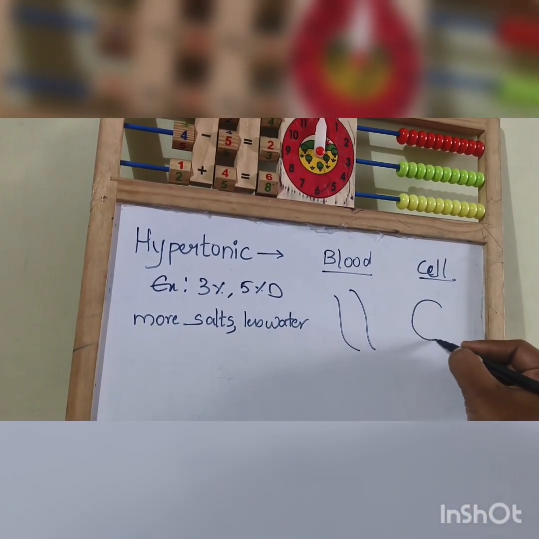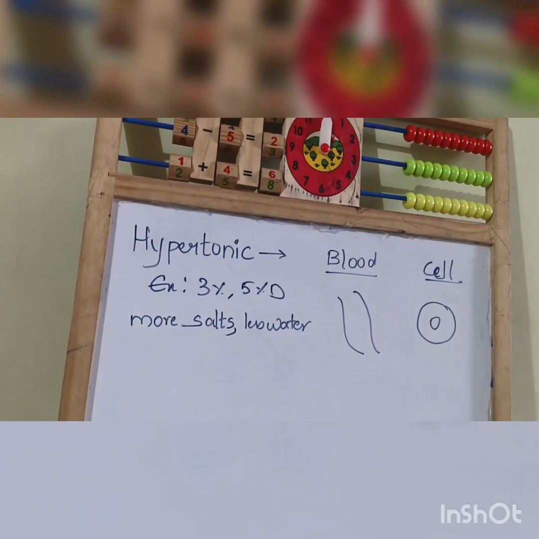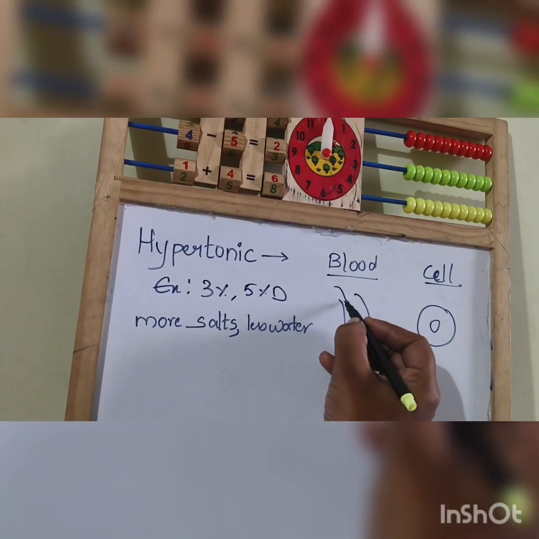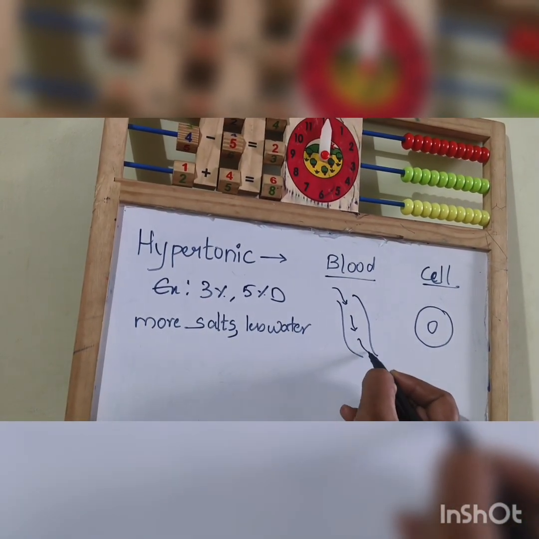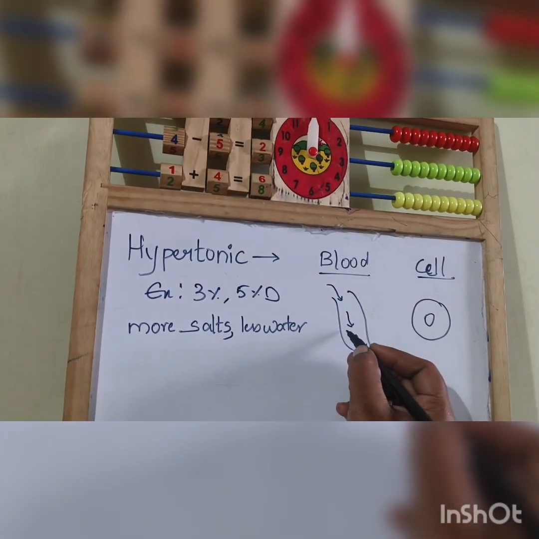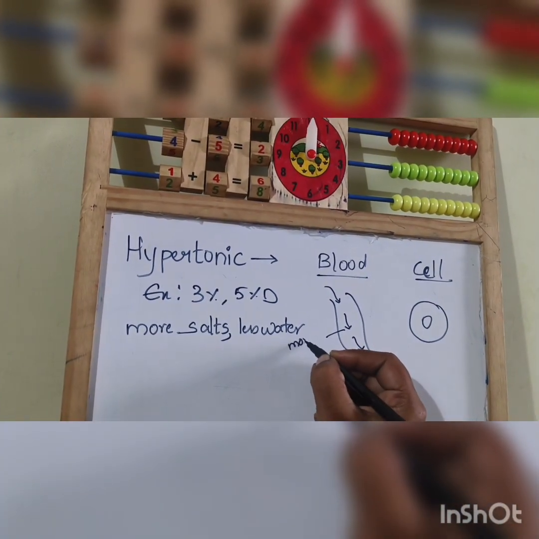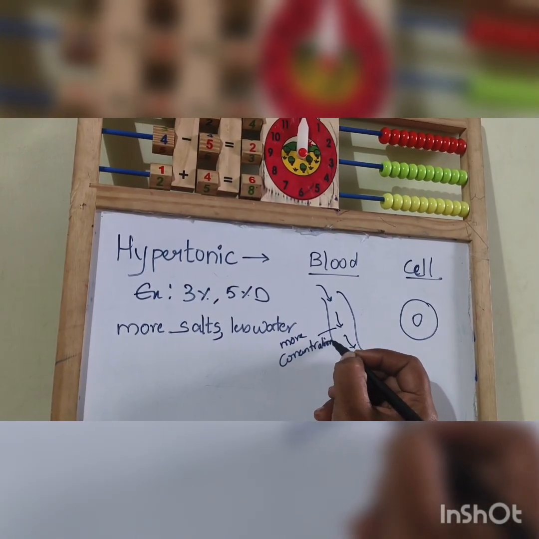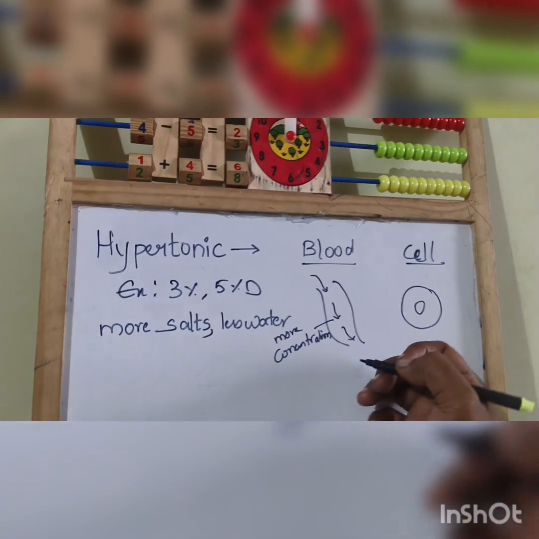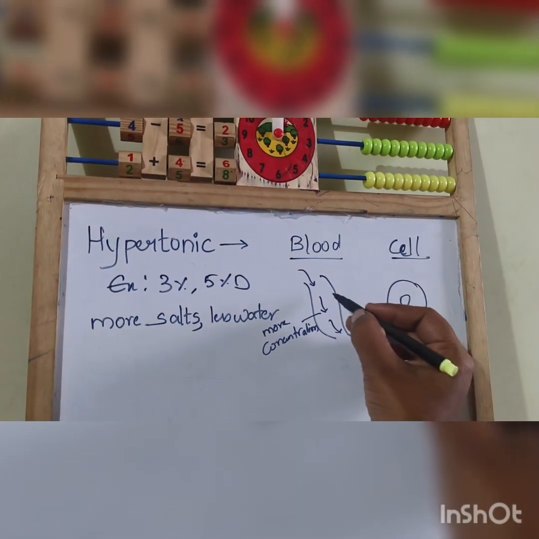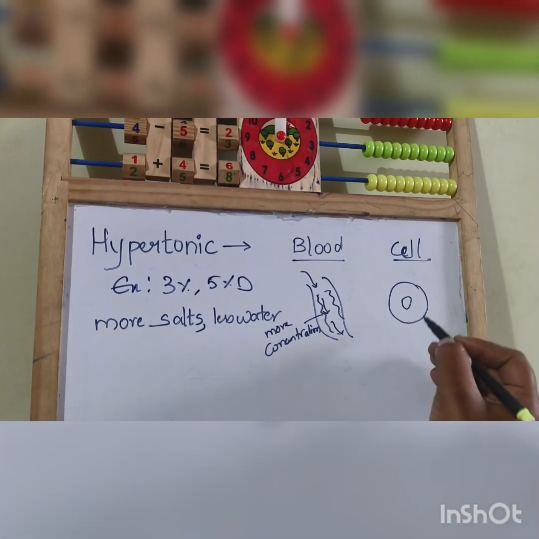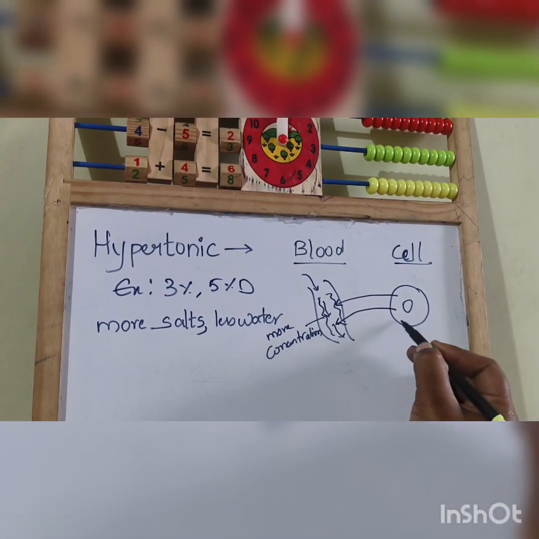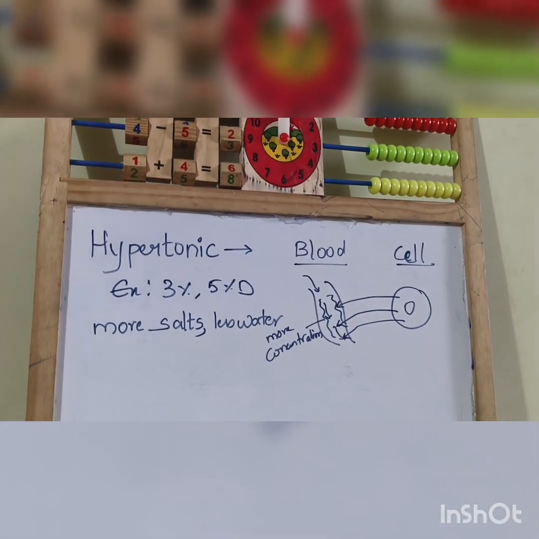Inside the cell there is also water, some cell concentration. The cell thinks this is hypertonic, with more salts and more concentration, and that it has to dilute it. So the water from the cell enters into the blood vessels, into the vein, to dilute the concentration.